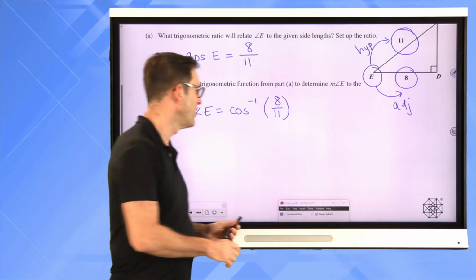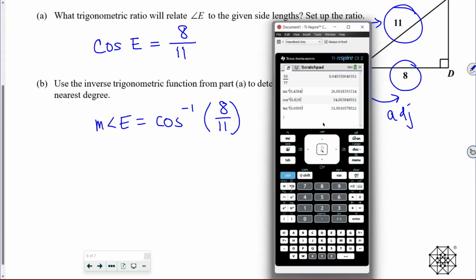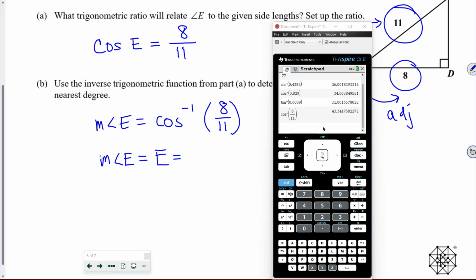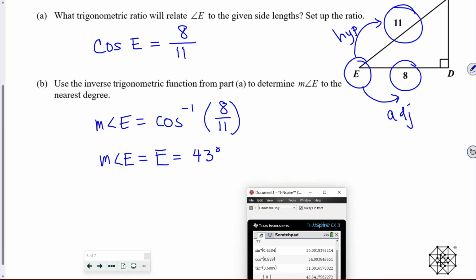But that's simple because now I can take my calculator out, hit trig, go down to the inverse cosine, type in 8 divided by 11, hit enter, and the measure of angle E is 43 degrees, measured to the nearest degree.